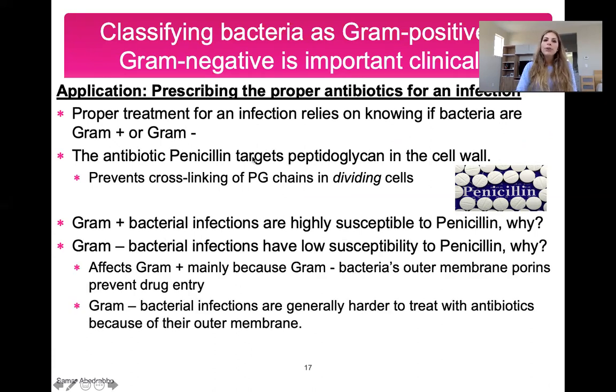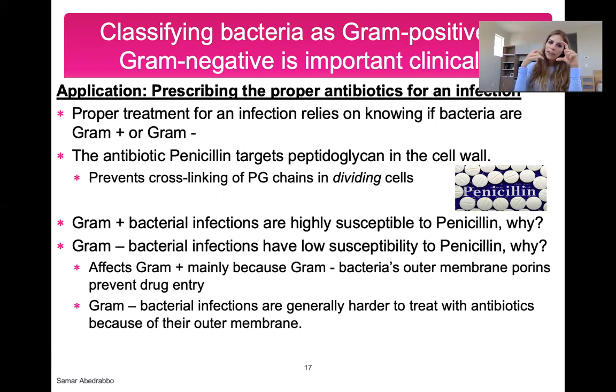As an example, you guys have heard of the antibiotic penicillin. Penicillin is a really effective antibiotic in treating gram-positive infections. So we say that gram-positive bacteria are very susceptible to penicillin. The reason is that penicillin's mechanism of action as an antibiotic is that it targets peptidoglycan. And if you guys remember, gram-positive cells have a thick peptidoglycan layer.